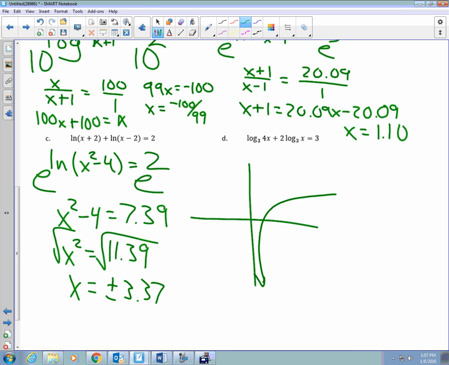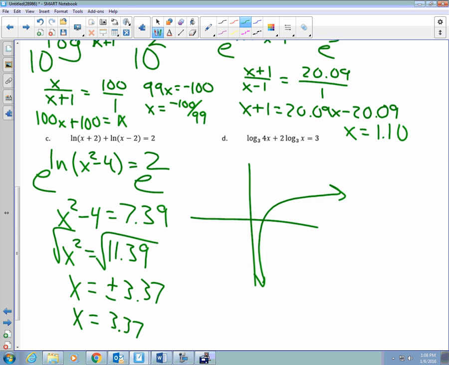So is it safe to say that you can't have a negative number for a logarithm? Can't take the log of a negative number. Well, look, if you type in 3.37, natural log of a positive, we're good to go. If you type in negative 3.37, natural log of a negative. The negative 3.37 does not work, so therefore we have to exclude it.